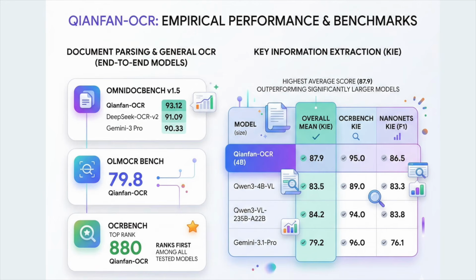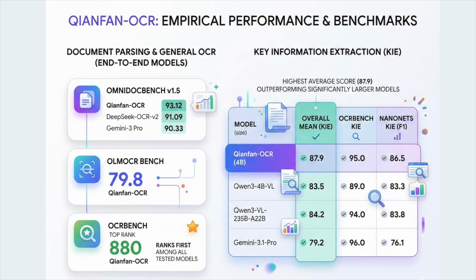The model achieved a score of 93.12 on OmniDocBench version 1.5, ranking first among all end-to-end models and surpassing competitors such as DeepSeek OCR version 2 and Gemini-3 Pro. It also led the end-to-end category on the OlmOCR bench with a score of 79.8 and achieved the highest score on OCR bench at 880.